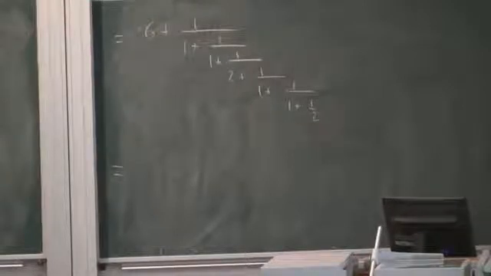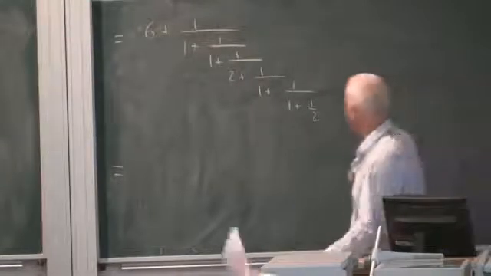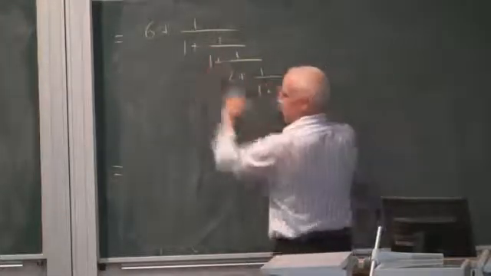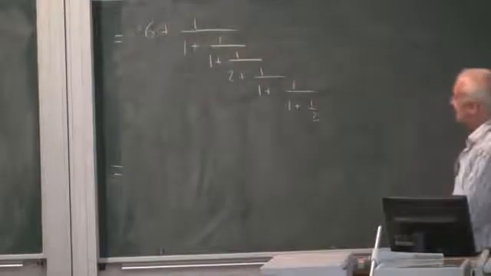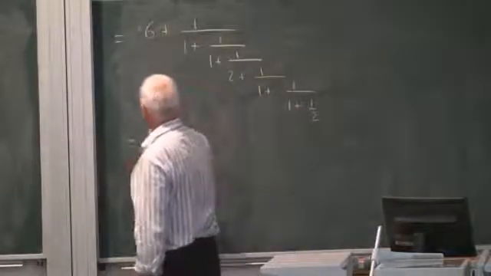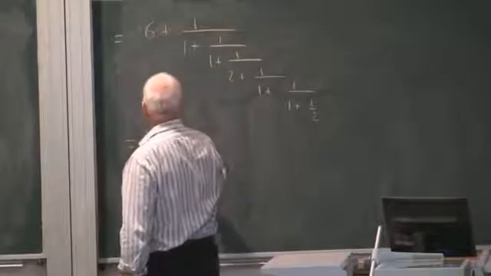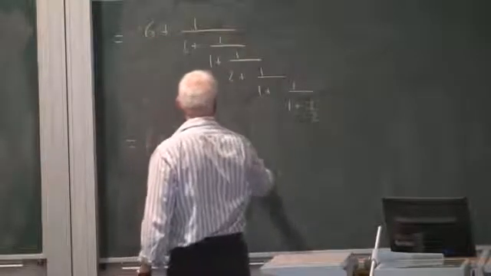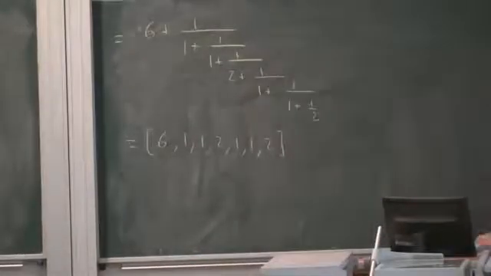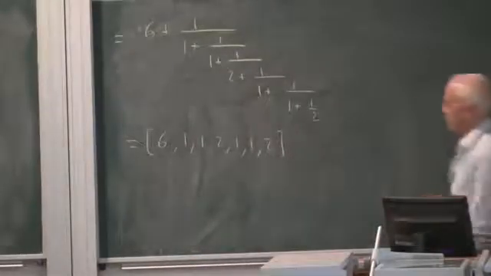That's a rather curious fraction, but okay, that's a fraction, it all adds up. And sometimes this is represented just by the sequence of the quotients: 6, 1, 1, 2, 1, 1, 2. And this is called a continued fraction.